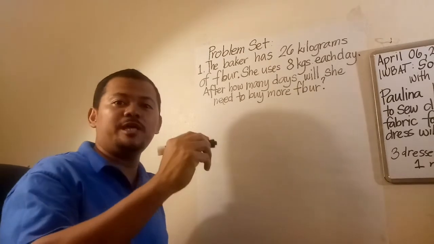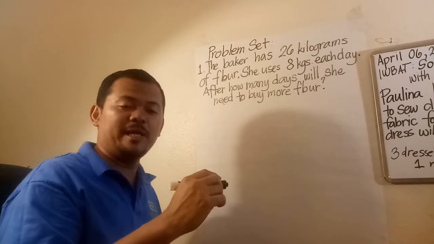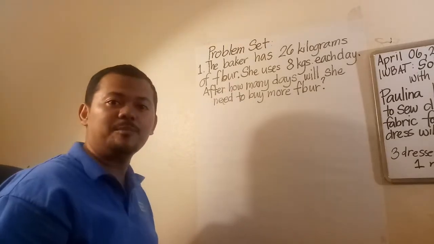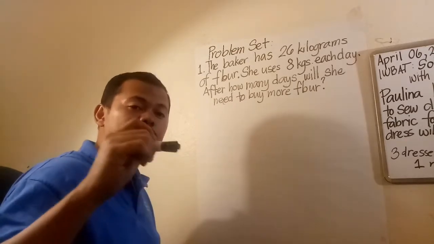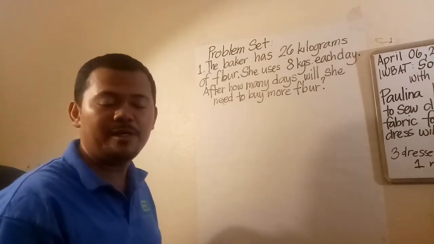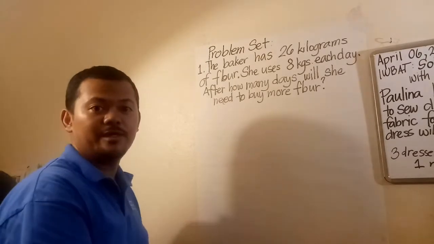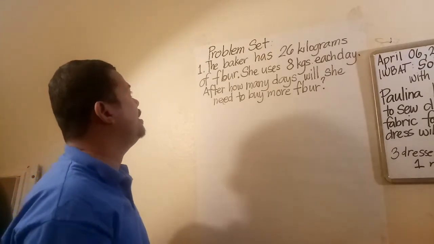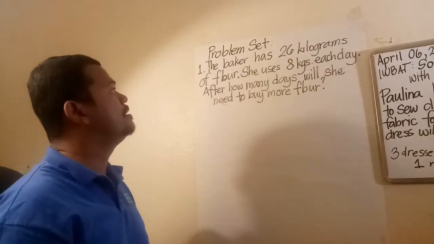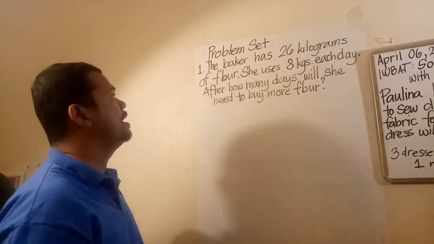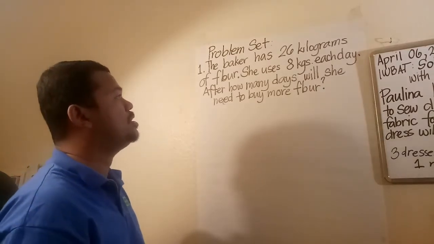Going to answer all together our problem here. So I want you to take your piece of paper and your pencil while we read and copy our problem. I want you to write it also there in your paper and try to solve it while we are solving it all together. Okay? So number 1, we got here the baker has 26 kilograms of flour and she uses 8 kilograms each day.